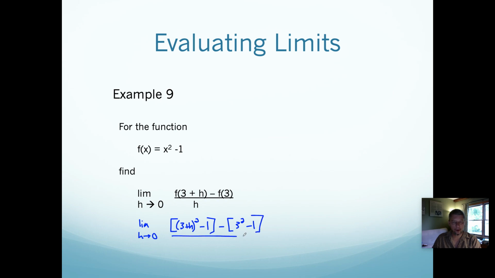And that's going to be all over h. Now take a minute and actually look at that. We're using 3 plus h as the x value and 3 as the x value in our functions.